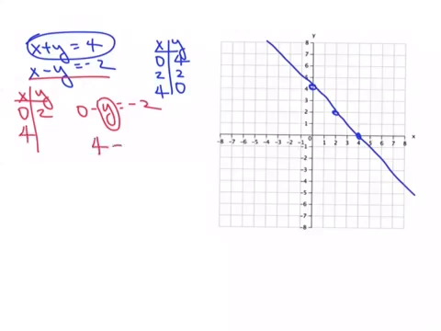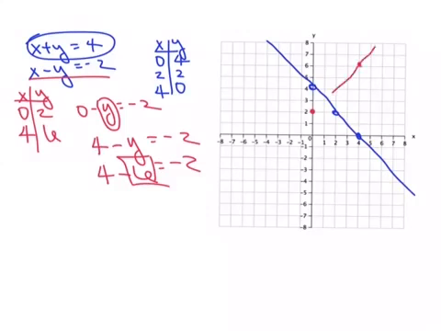So 4 minus something equals -2. So 4 minus 6. Alright, so let's graph that. 0, 2. And 4, 1, 2, 3, 4, 5, 6.